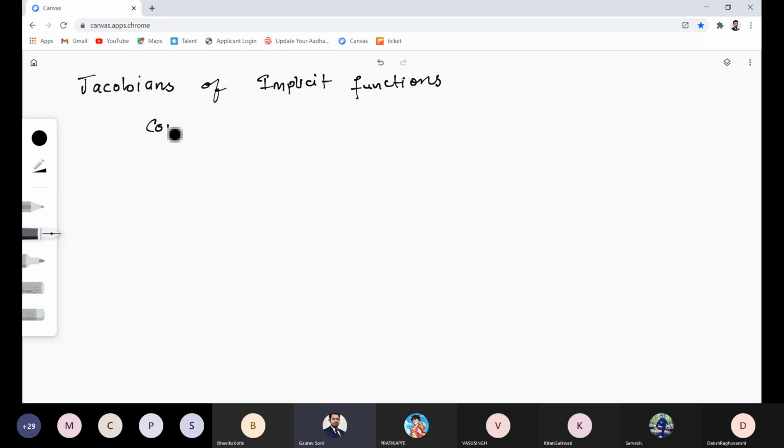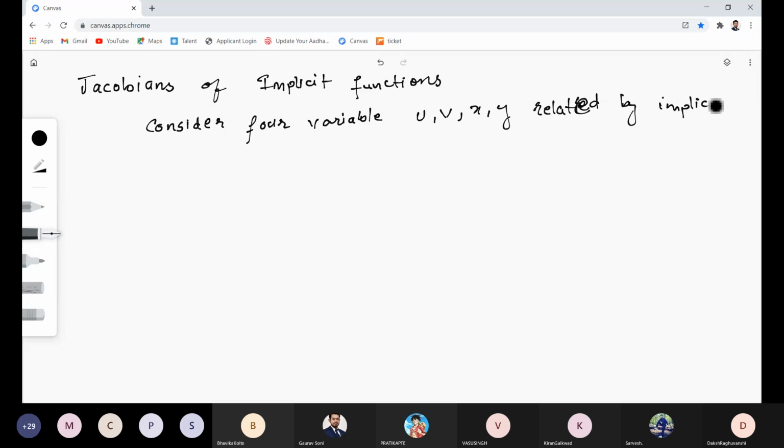So consider four variables u, v, x, y related by implicit functions.